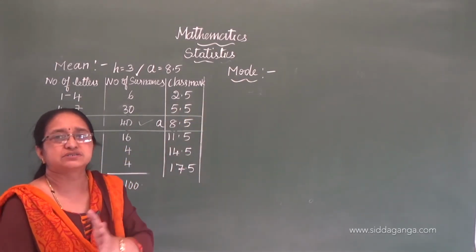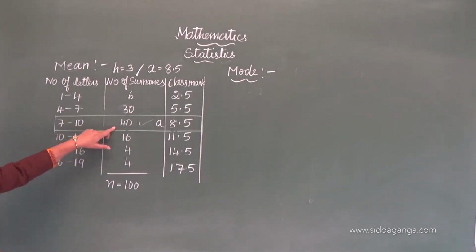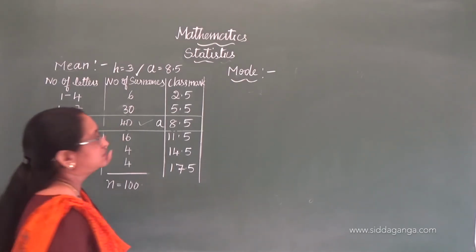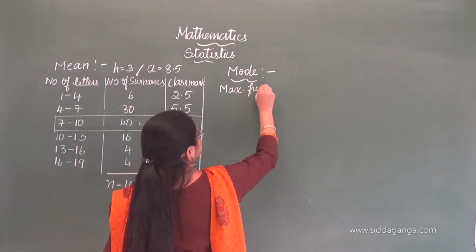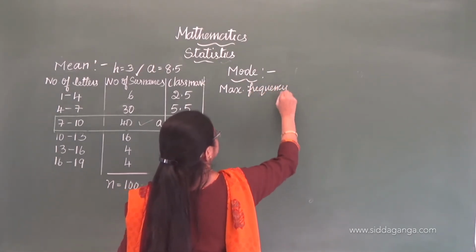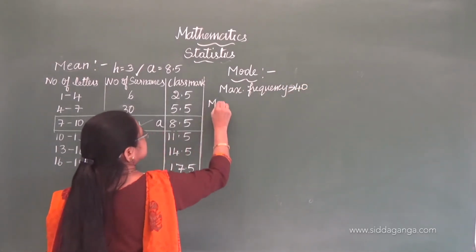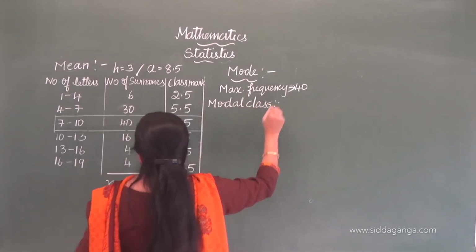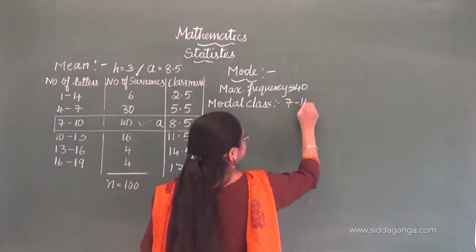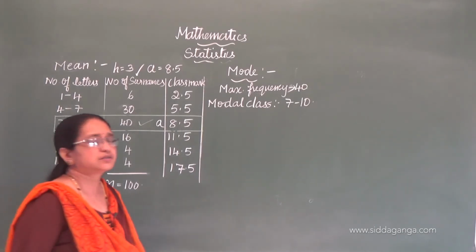So to find the mode, what is the procedure? Try to recall. First you have to find out the maximum frequency, that is 40, and the modal class maximum frequency is 40. Now modal class is which one? Again the same, that is 7 to 10. Okay, and try to recall the formula, and then you can write the columns here.